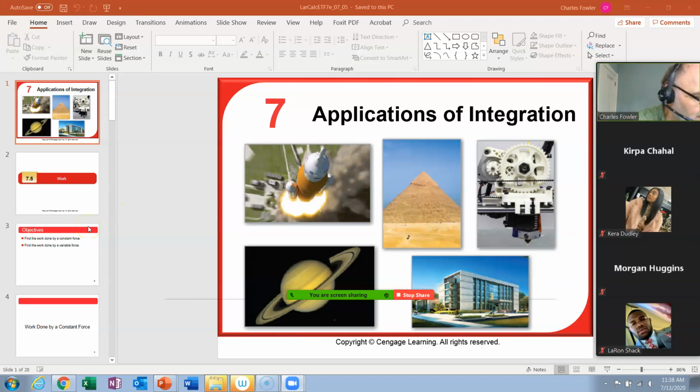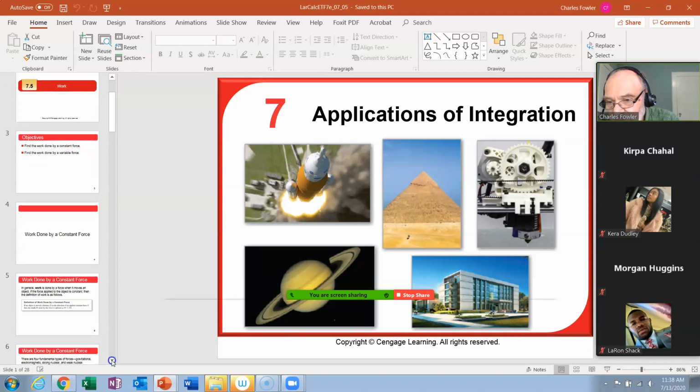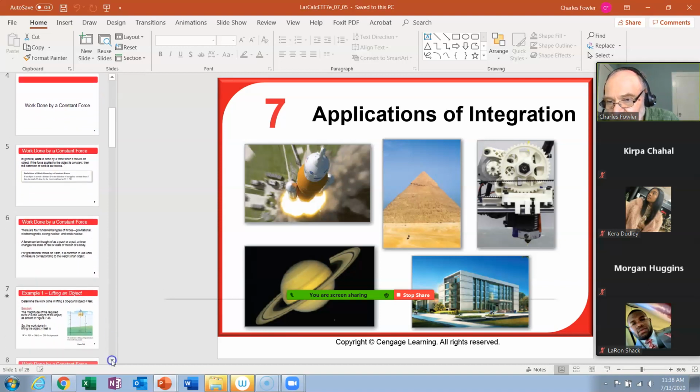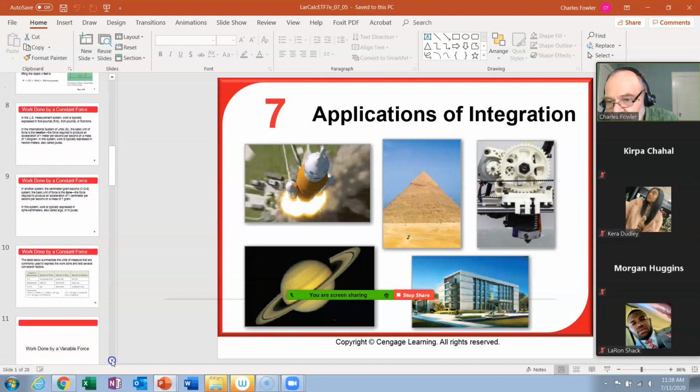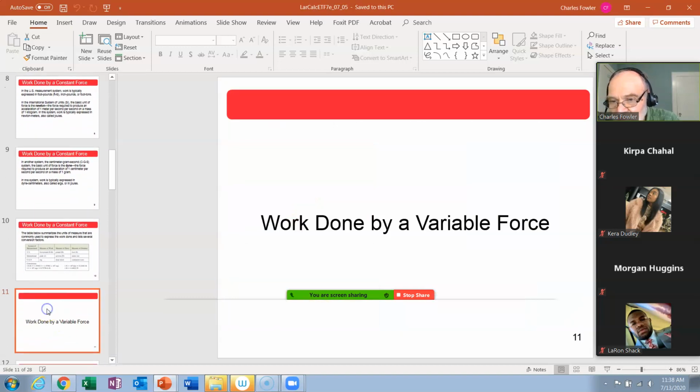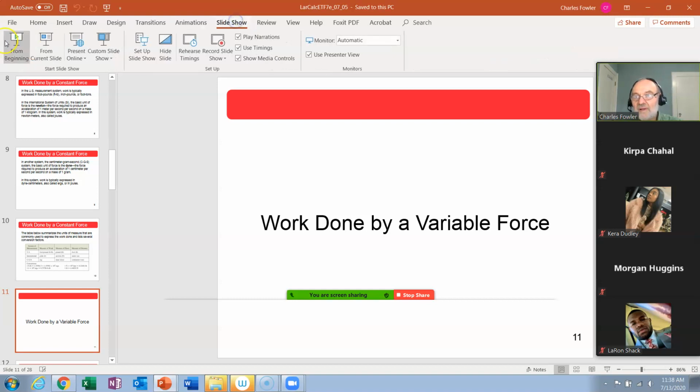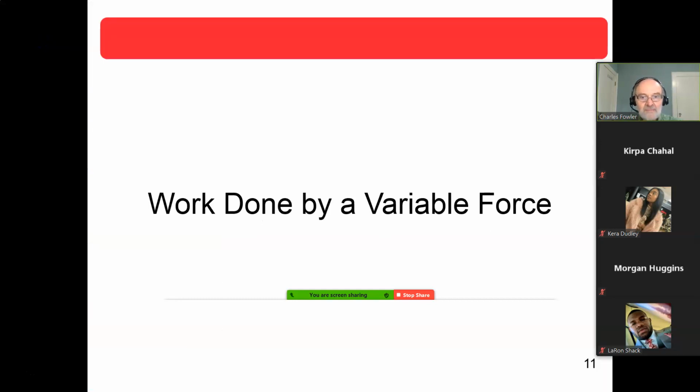So I was trying to find what slide we were on, and it looks like we were on, because I don't see a mark anywhere, work done by a variable source. Does that sound about right to you? And let's go on and get this open to the current slide.